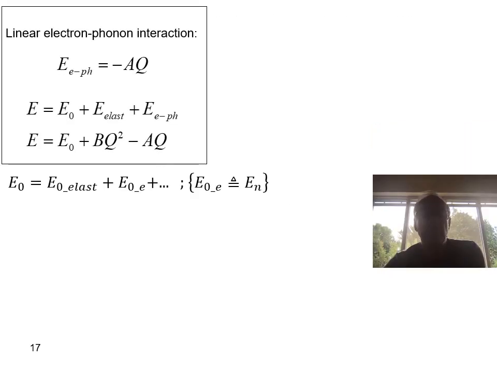So really, what we are dealing with is this set of energies. We have the electron-phonon coupling, which is the stretching and the shift of the level due to that. And we added it to what we had before. We have the background energy, the elastic energy of the spring, and now we have the electron-phonon coupling that adds to the equation.